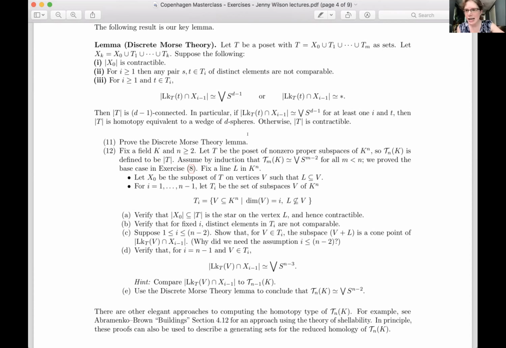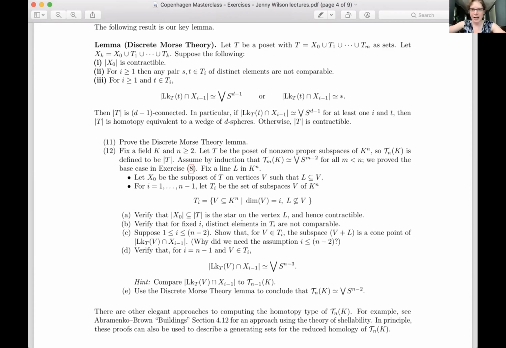The idea is we're going to build up the complex inductively by starting with something that's contractible and then adding on additional vertices and coning off each new vertex that we add, in such a way that at every stage in this construction we have either something that's contractible or something that is homotopy equivalent to a wedge of spheres.